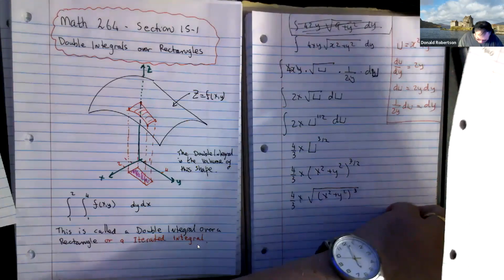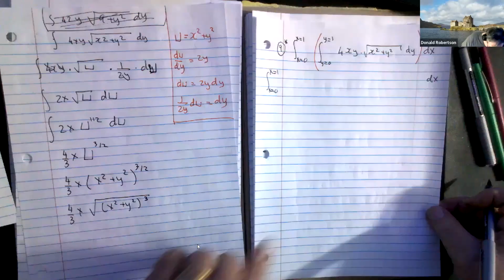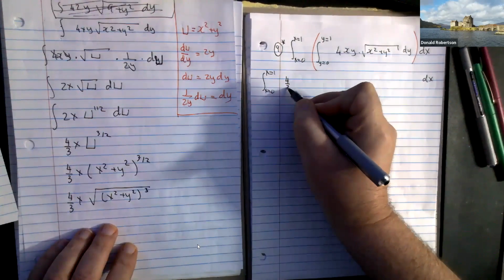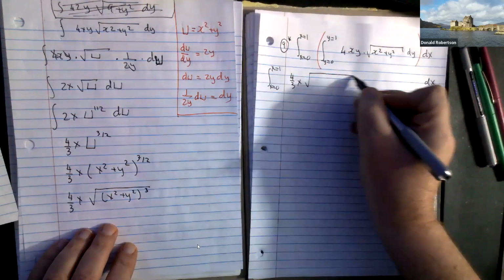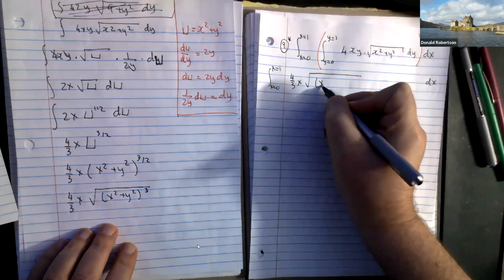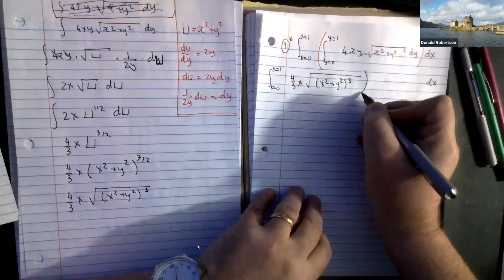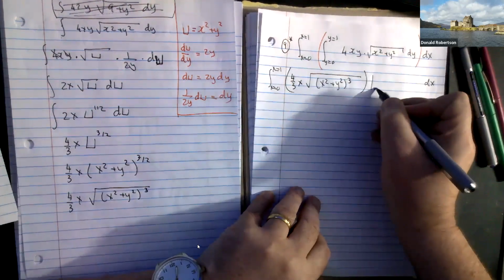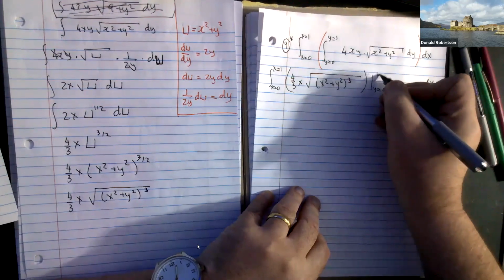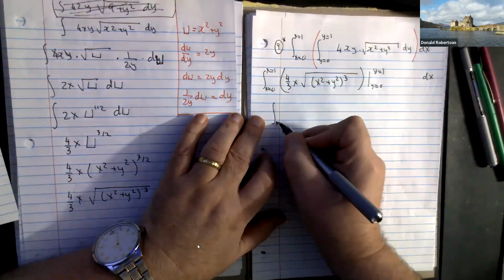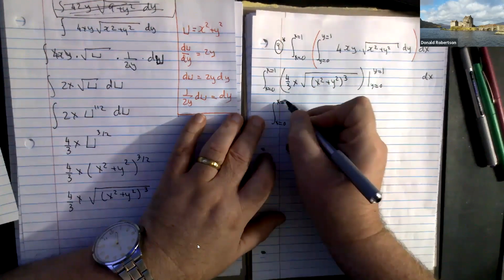So our integral of this guy here is going to be 4/3 x, the square root of x squared plus y squared cubed, evaluated at y equals 0 and at y equals 1. So that's going to be the integral from x equals 0 to x equals 1.